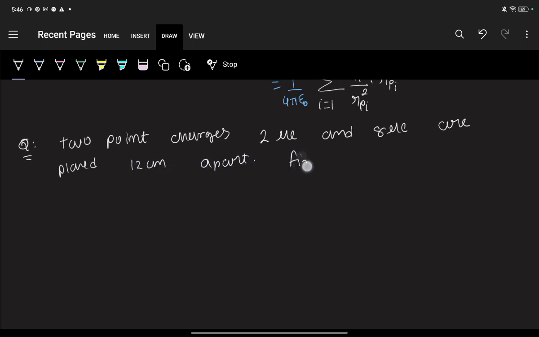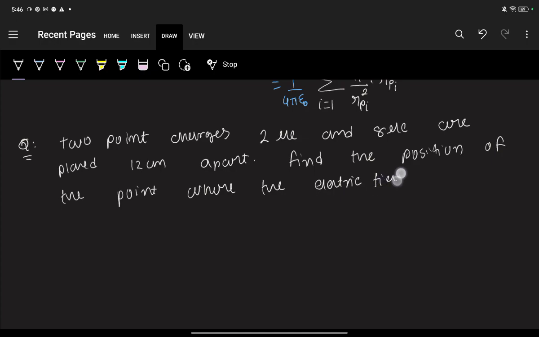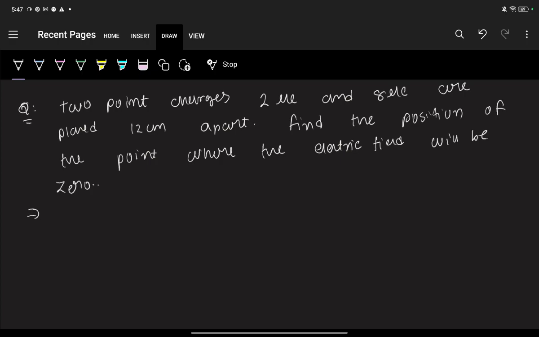Find the position of the point where the electric field will be zero. These types of questions are most favorite. They can get asked in the board exam, and this question appeared many times in the board exam.